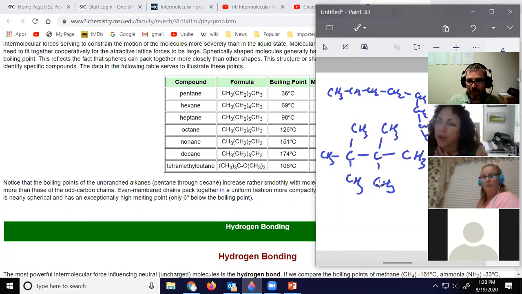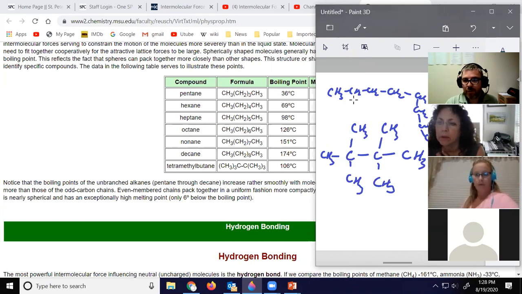Is there a way to know by looking at the formula how it's laid out? Yeah, you can see it here. See how you got C? It's got 3 CH3s connected to it. And this C has 3 CH3s connected to it, and I've just drawn it out like that. If you look at the octane here, you've got CH3, then you've got 6 CH2s all joined together, and then the CH3 at the end.